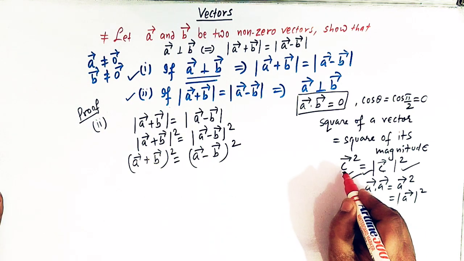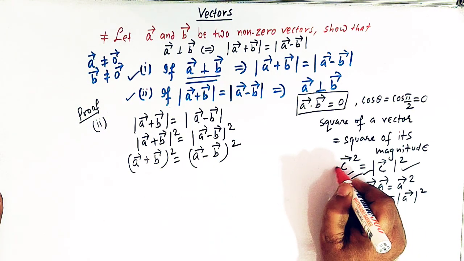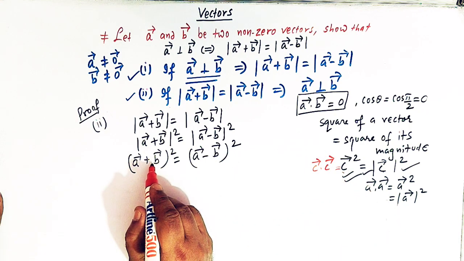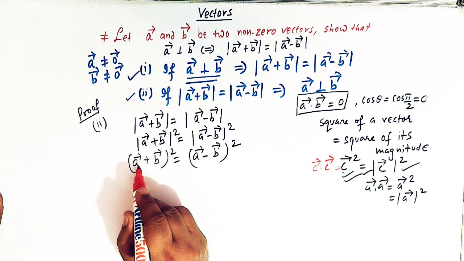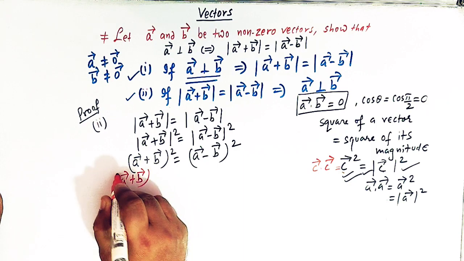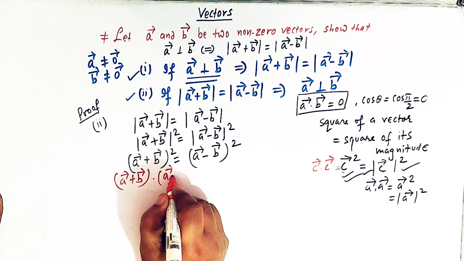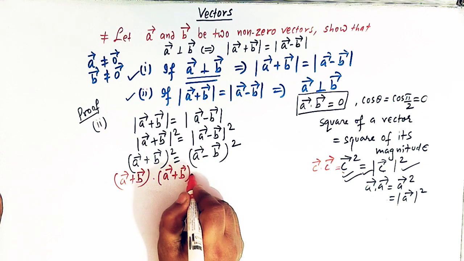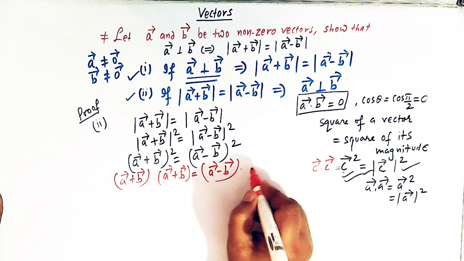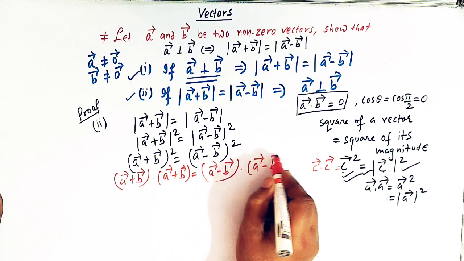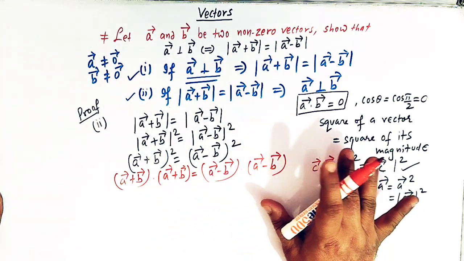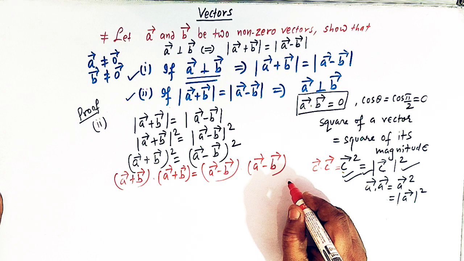So now the square of the vector c may be written as c dot c. So here we have the square of a plus b. So we can now write a plus b dot a plus b, right? So these are the important concepts. Here also we have a minus b dot a minus b. So here we are taking all the steps in a particular sequence.